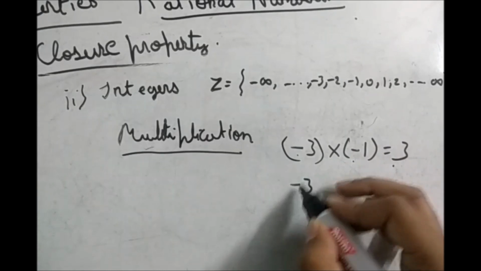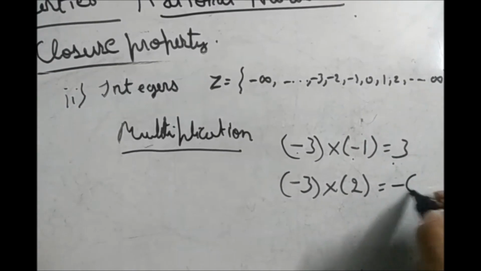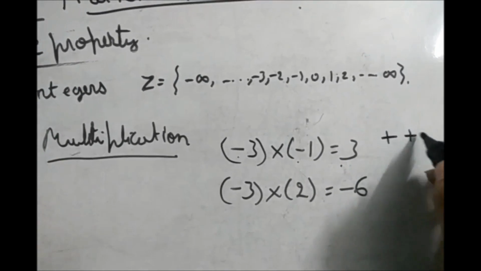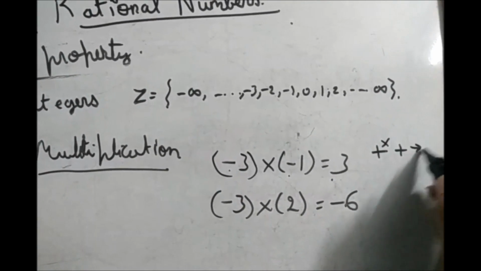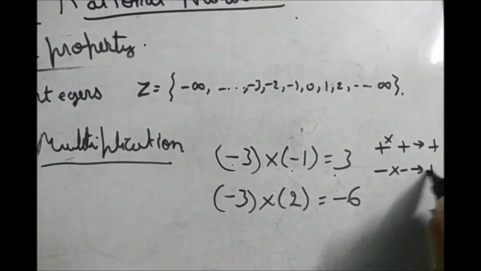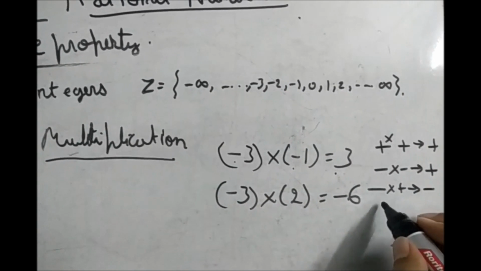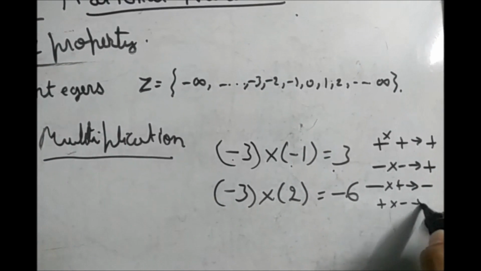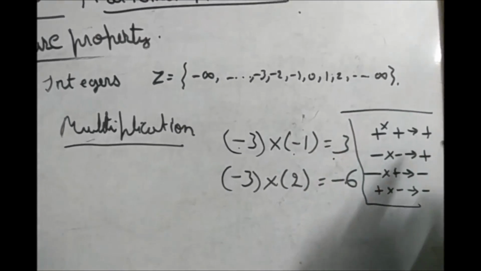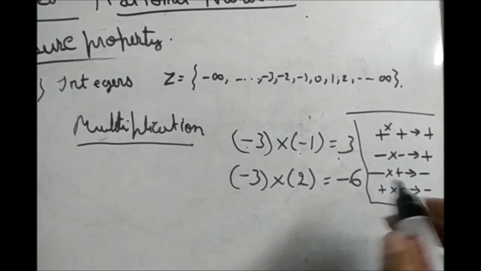If we take a negative number into a positive number, we'll get a negative number. The rule is plus into plus gives plus, minus into minus gives plus, minus into plus gives minus, plus into minus gives minus. You must remember this rule. This is the basics.